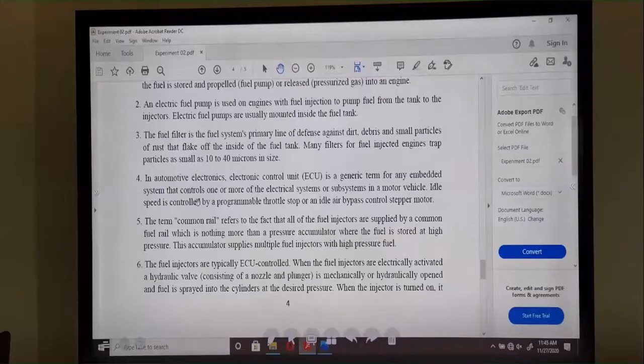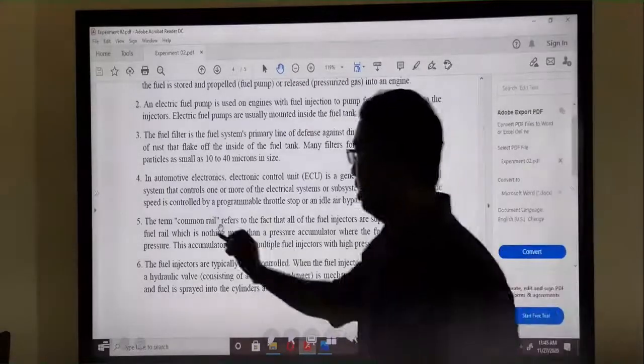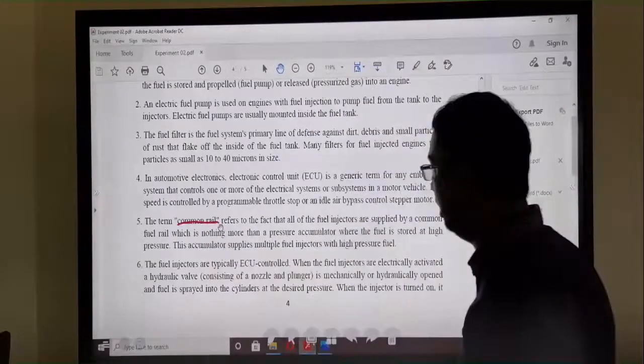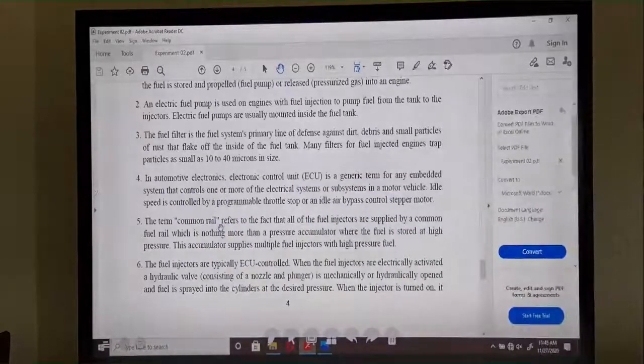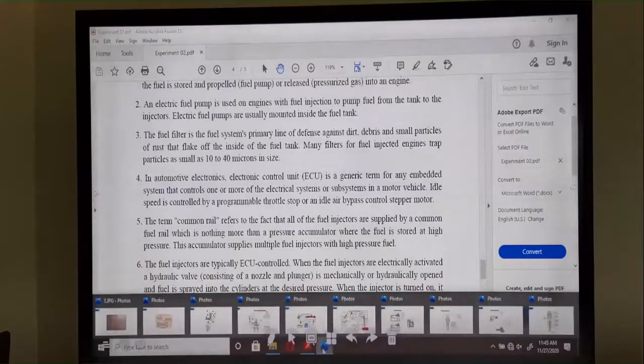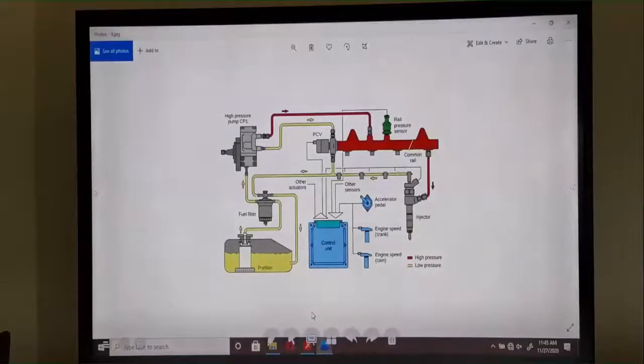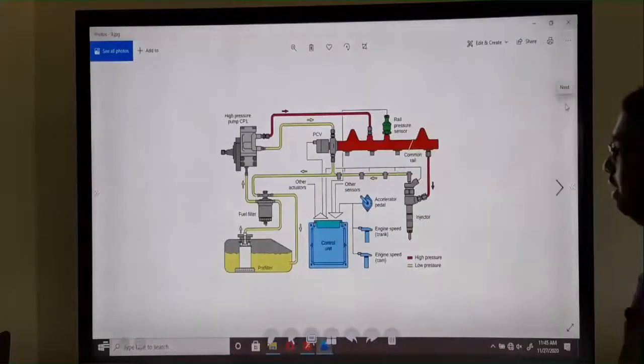Next we study about the common rail. What is common rail? Mostly this type of common rail is used in modern vehicles.